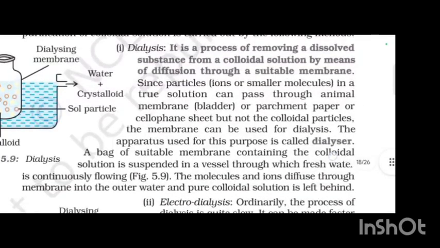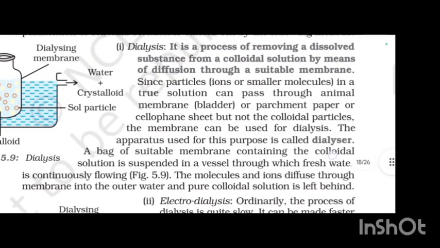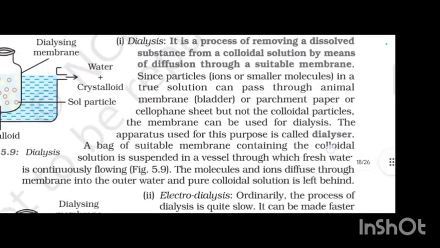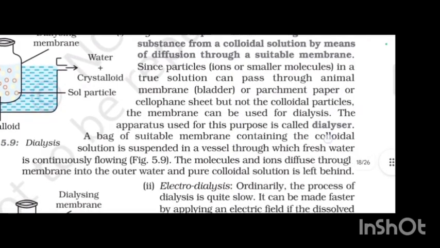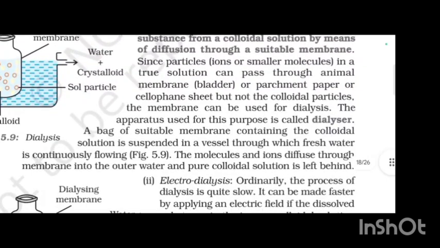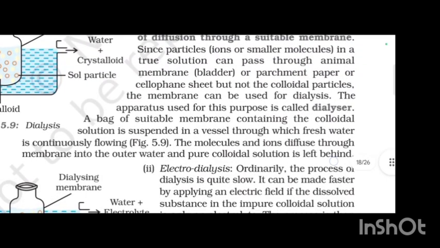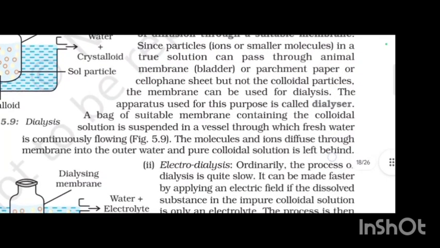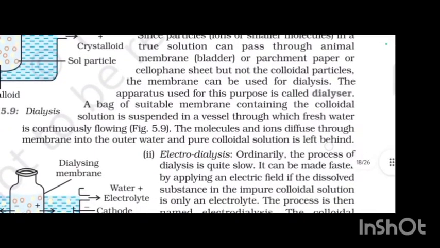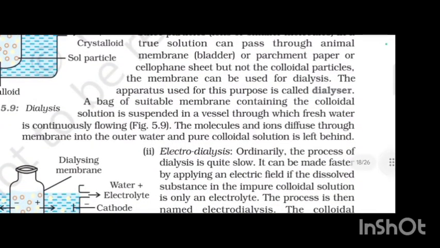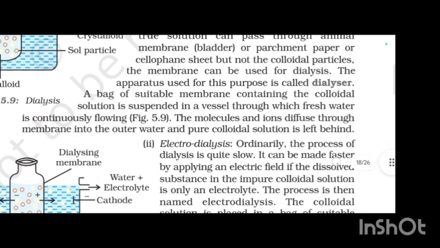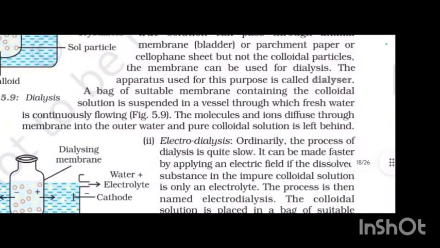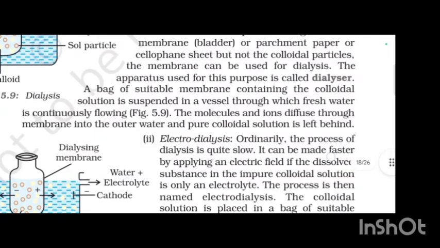First, dialysis. It is a process of removing a dissolved substance from colloidal solution by means of diffusion through a suitable membrane. Since ions or smaller molecules in a true solution can pass through animal membrane, bladder, parchment paper or cellophane sheet but not the colloidal particles, the membrane can be used for dialysis.